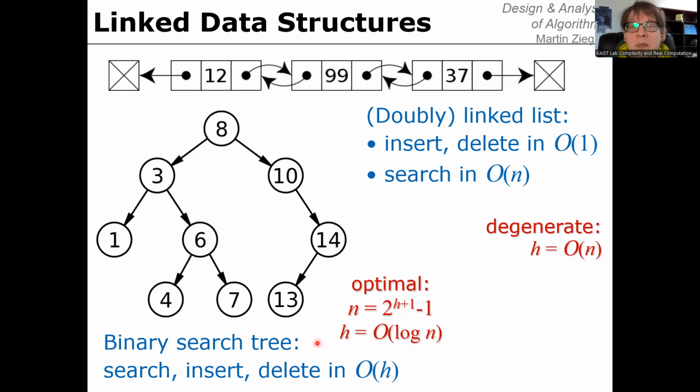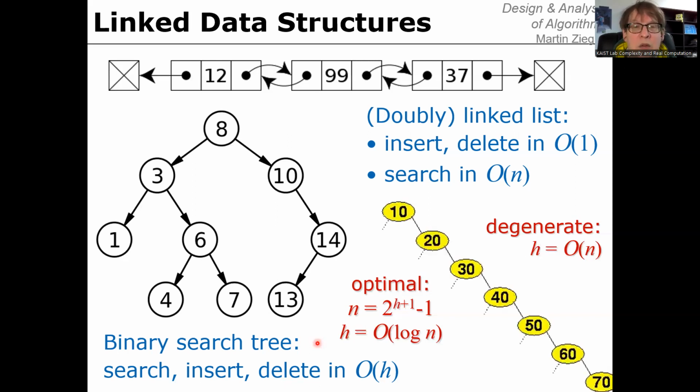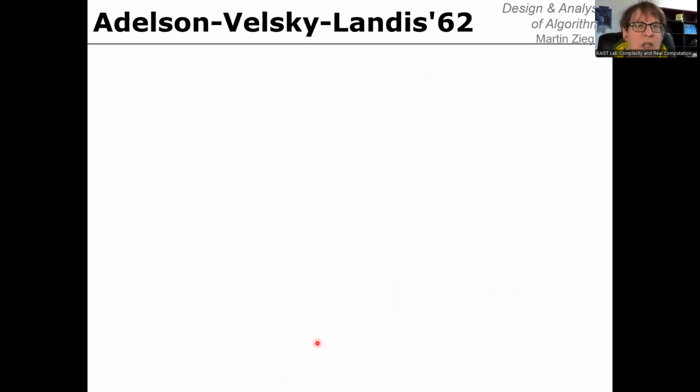That's an important question, because there also exist binary trees far from optimal. Degenerate trees have height O of n instead of log n. Here you see an example of a degenerate binary tree. Yes, it's a binary tree, right? But it doesn't really make use of the binary property, and therefore it has a very bad, linear height, which results in very inefficient algorithms.